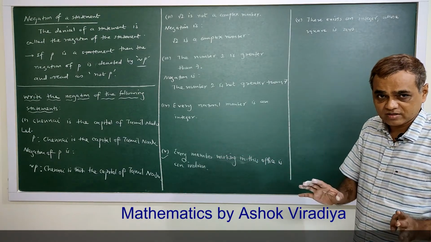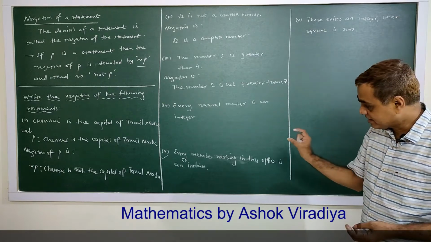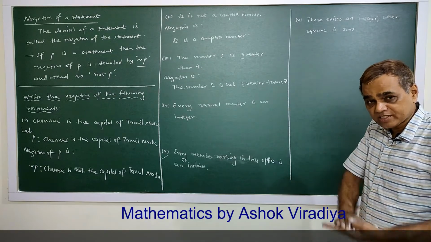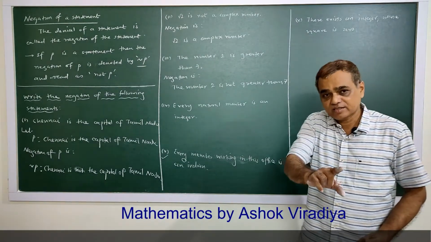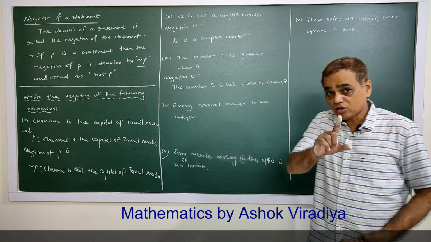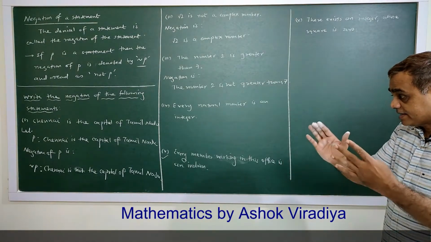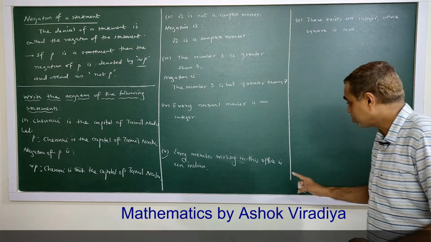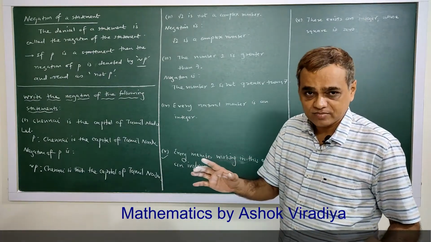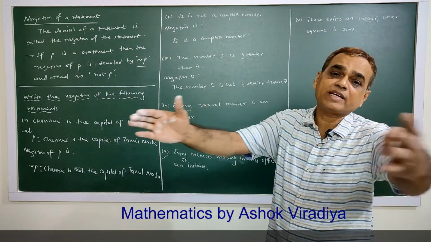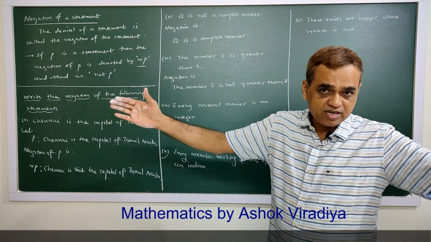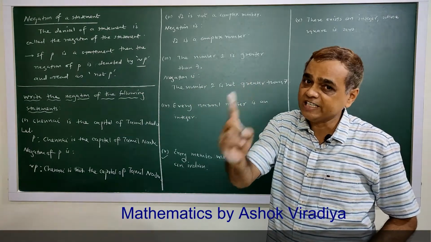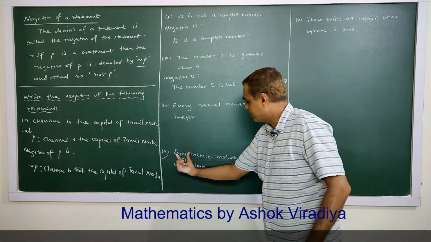It's good. But to express this denial in a very logical way, Pradyuman replies: no, there exists a member in this office who is not an Indian. Suppose 20 people are working in the office, and if there is only one man who is not Indian, then this cannot be used.